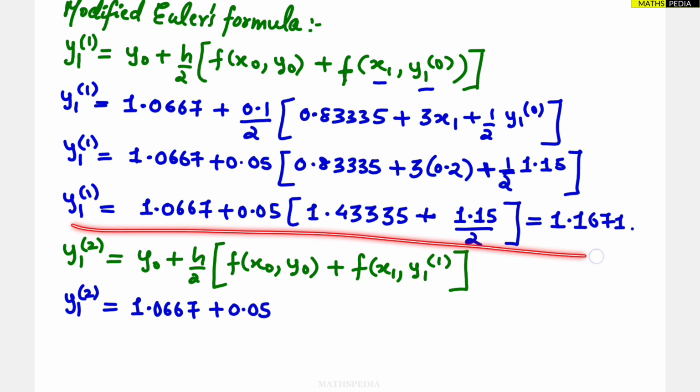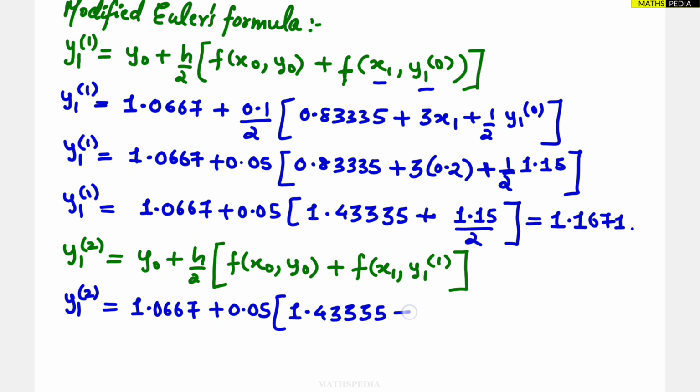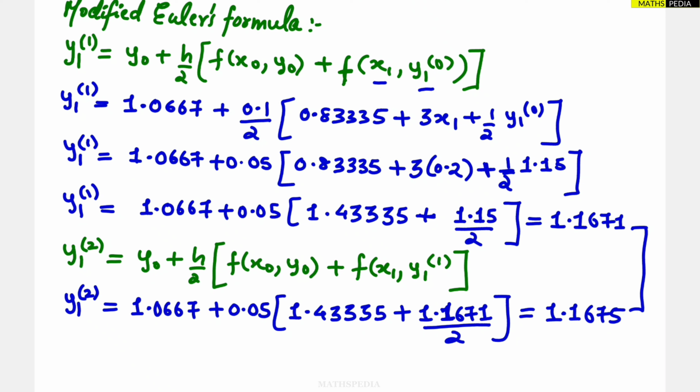You can just directly copy paste from this part, right? 1.15 will change it to 1.1671, divided by 2. So answer you are getting it as 1.1675. Slight change in this and this, right? First iteration and second iteration.